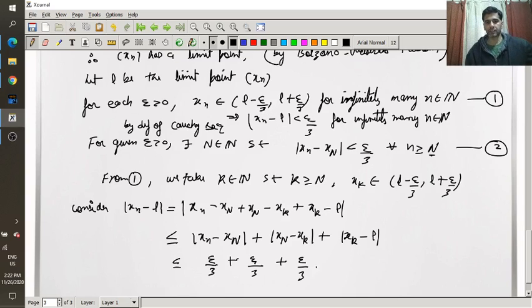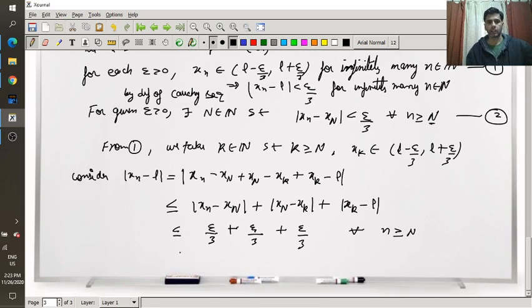This holds only for all n greater than or equal to capital N. Not for the earlier statement, but for the last statement. Here I have not put any condition, but here I have used only those n which are greater than or equal to N. So this equals epsilon.